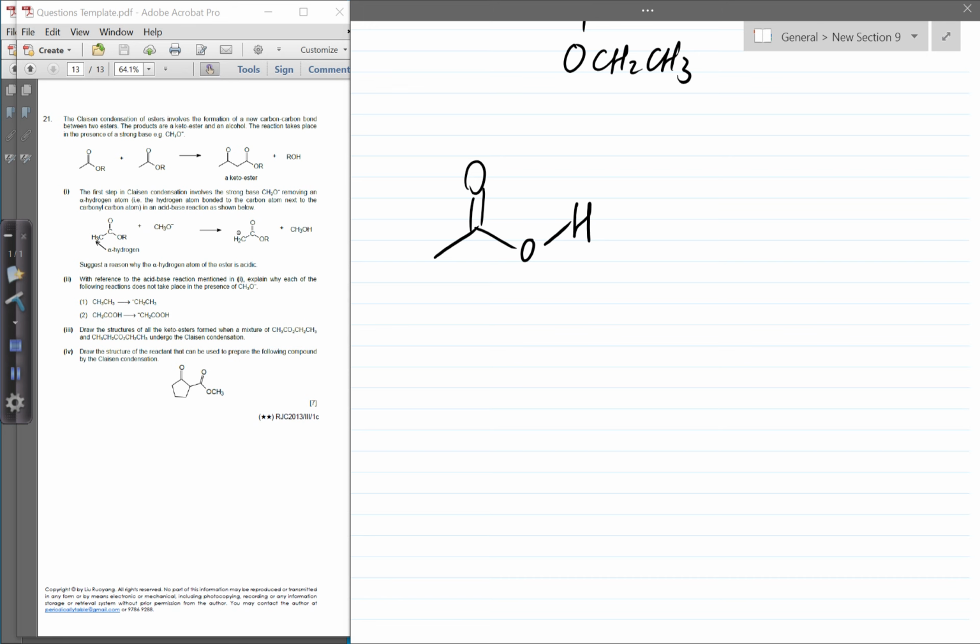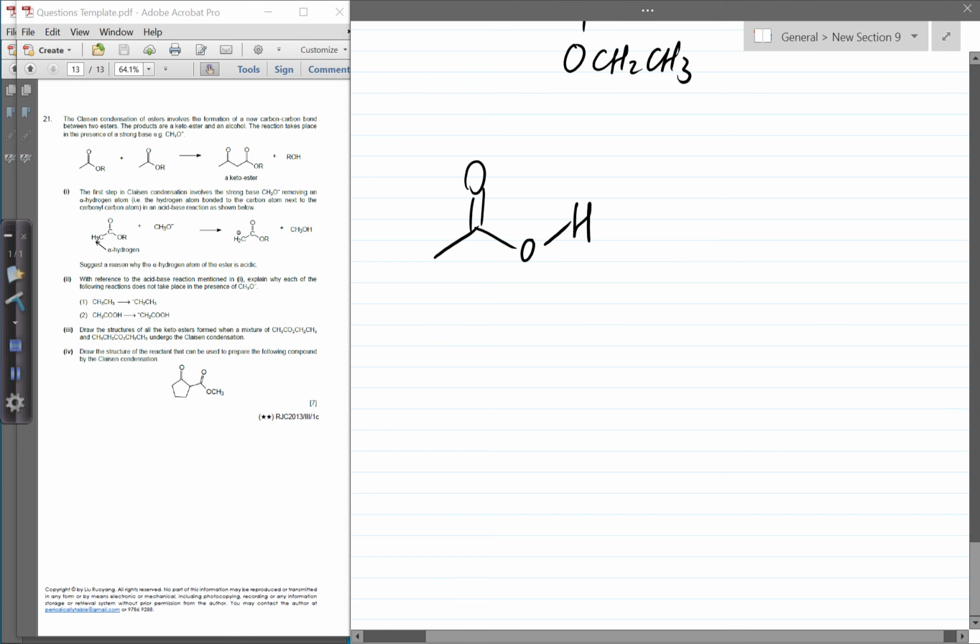So now this is something known as chemoselectivity, right? You are selectively reacting with this H instead of this one, because this is supposedly the more acidic hydrogen, right? So that's why this is more likely to form instead of the other side, right? Because this is more acidic.